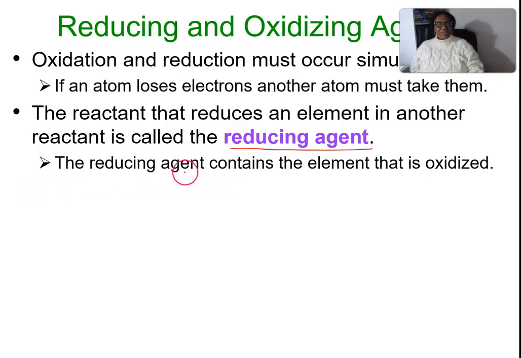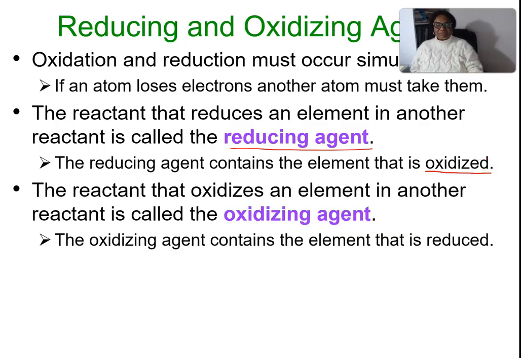So the reducing agent contains the element that is oxidized. You know, when it gives the electron itself, it is oxidized. So the reactant that oxidizes an element in another reactant is called an oxidizing agent. So this reactant has an element in it that accepts an electron.